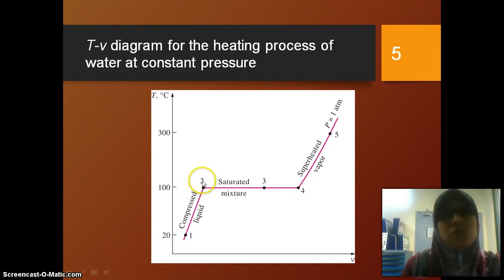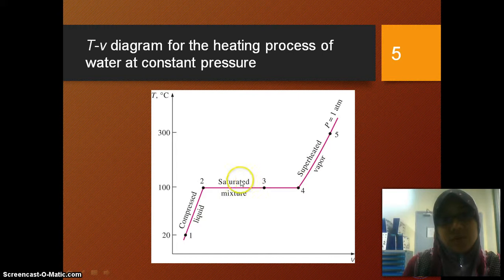When the first drop of liquid starts to vaporize, our state 2 is known as saturated liquid. And then here you can see the line from state 2 is maintained to our state 4, meaning that during this process the liquid slowly turns into vapor.